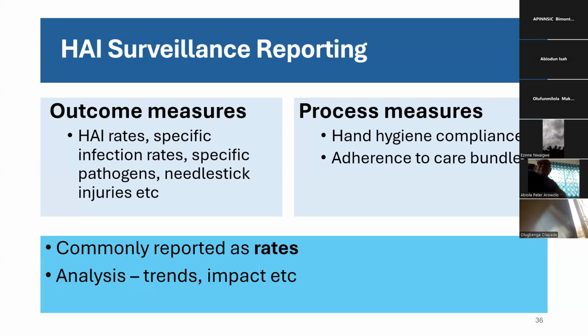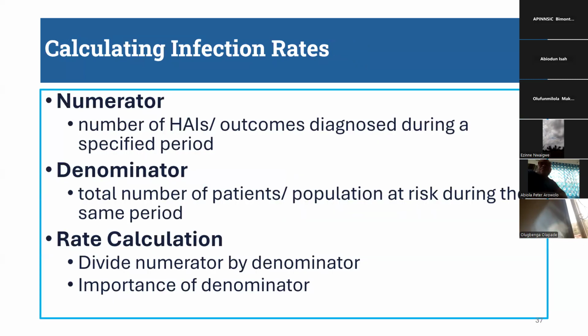So I mentioned you have your numerator, which is the number of HAIs or the outcome that you're investigating. And the denominator is those who are at risk, not just everybody, but those who are at risk of that particular outcome or infection.